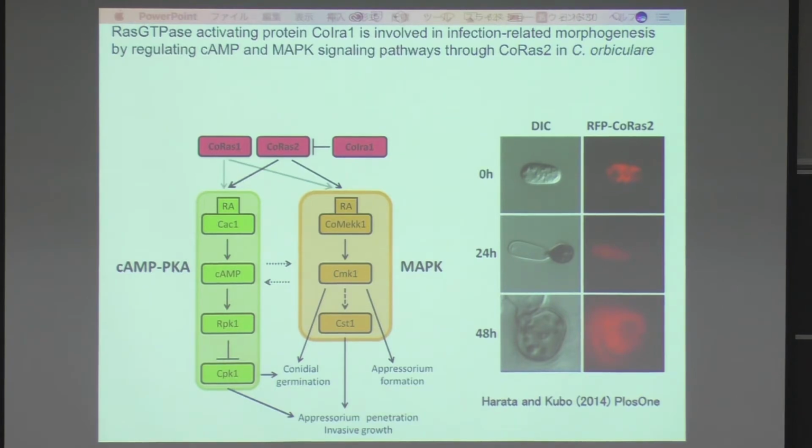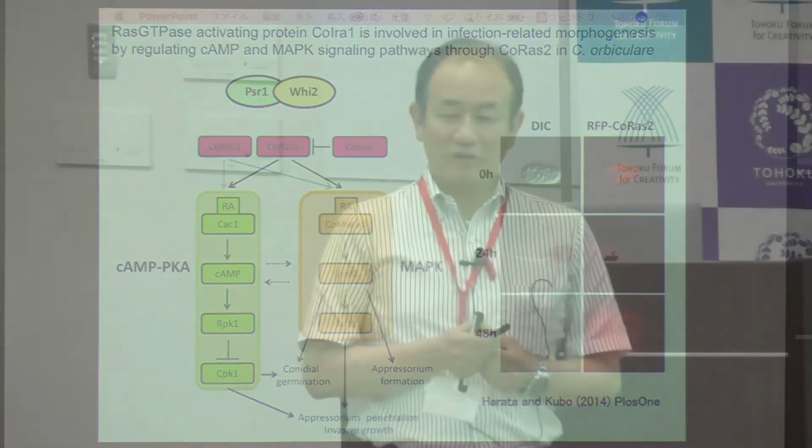And in Saccharomyces cerevisiae, a phosphatase complex is involved in actin dynamics as an upstream regulator. So we have an interest in the V2 function in C. orbiculare.